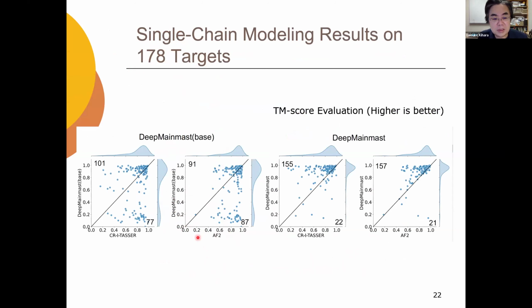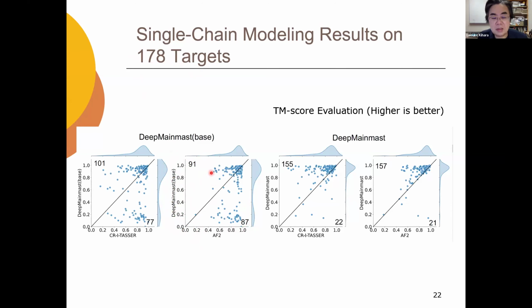The x-axis is the TM score of AlphaFold, and the y-axis is the tracing part of DeepMainMast, called DeepMainMast-base. So on the y-axis, the AlphaFold model is not integrated. When we compare AlphaFold modeling with our tracing methods, out of 178 maps, in 91 cases the tracing did better, and in 87 cases AlphaFold did better.